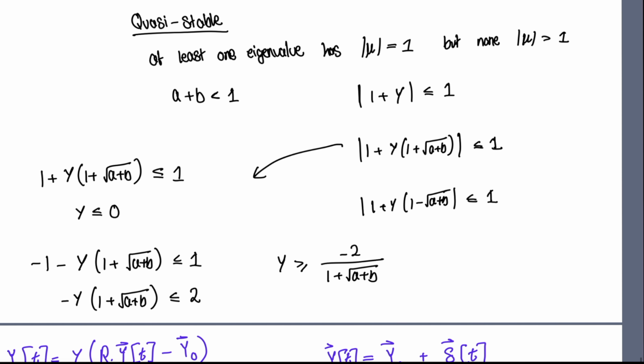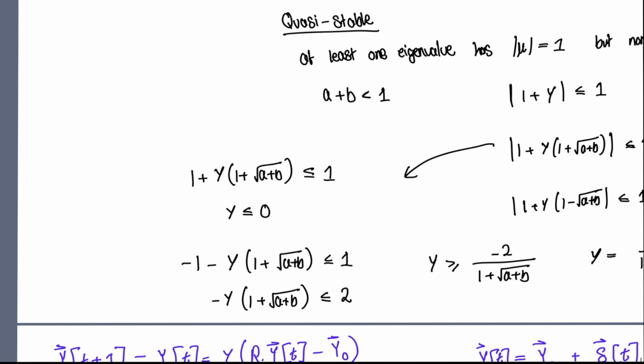So now we want at least one eigenvalue to be equal to 1. So what I'm going to say is gamma is equal to minus 2 over (1 plus root a plus b). So what that now does is it will make this one equal to 1, and these two conditions will still be met.